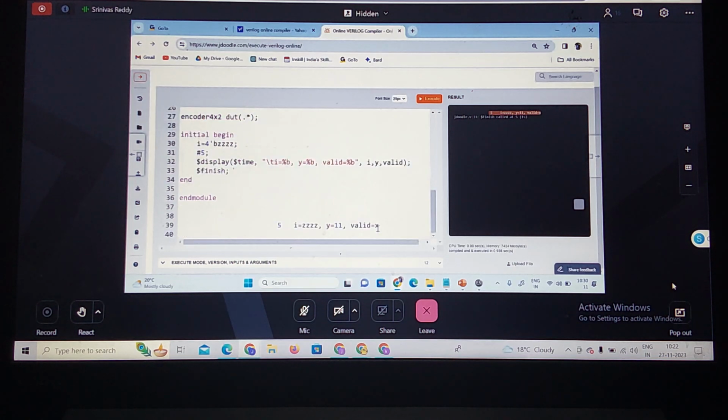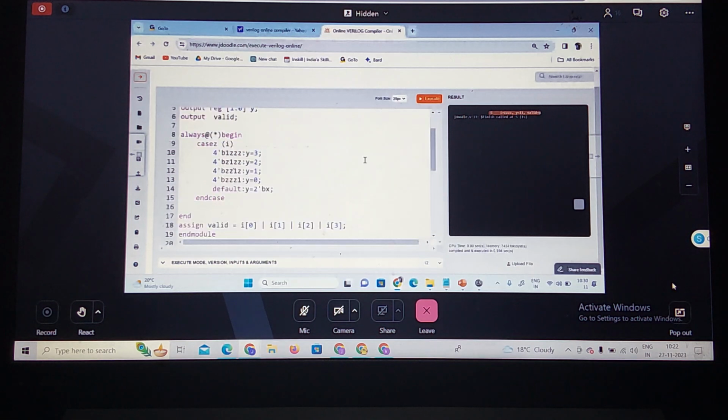Is this correctly working as an encoder? So can you debug this program? So for this input I is Z, it is encoding as 1, and I am getting the valid output as X.